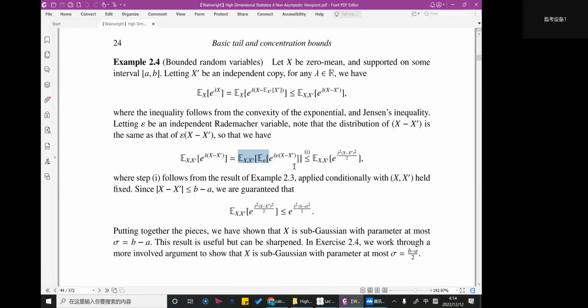That's because we can apply another inequality here. This result follows from the property of the Rademacher random variable, since it's applied conditionally with x and x prime held fixed.